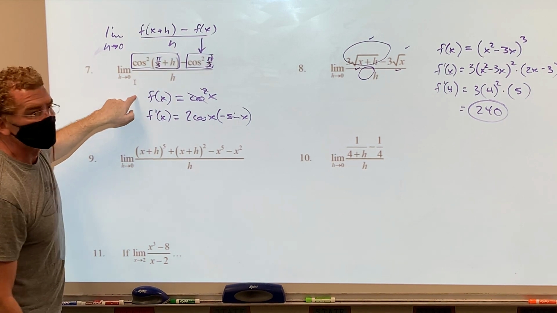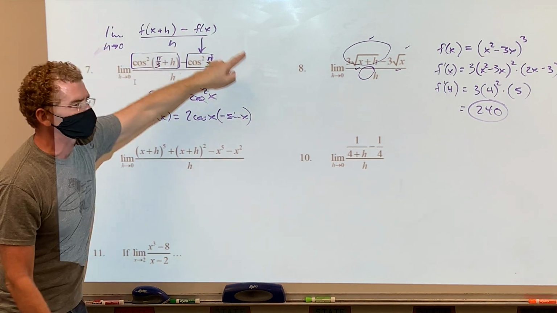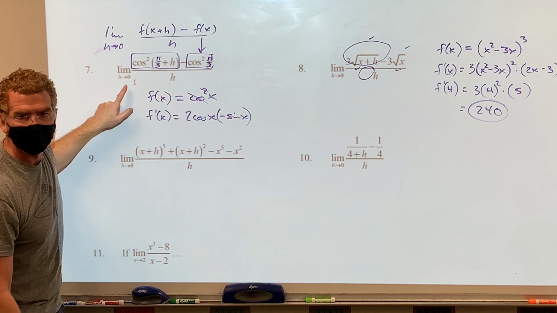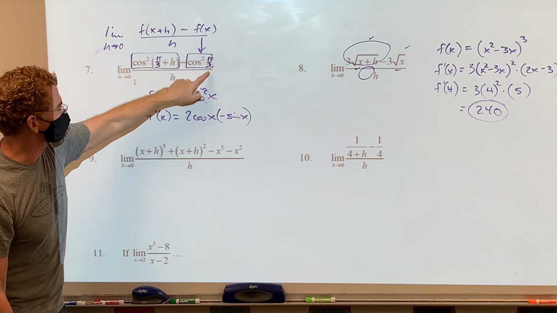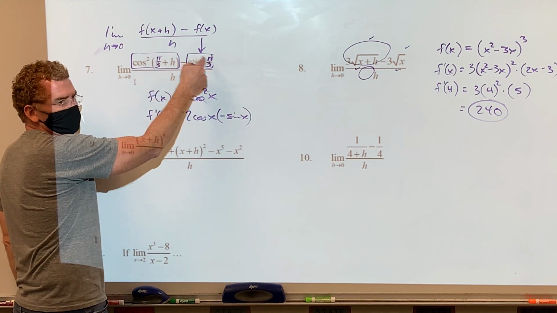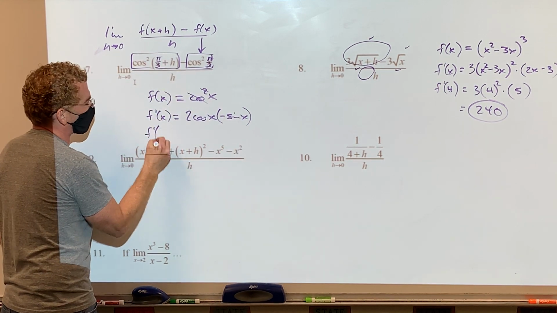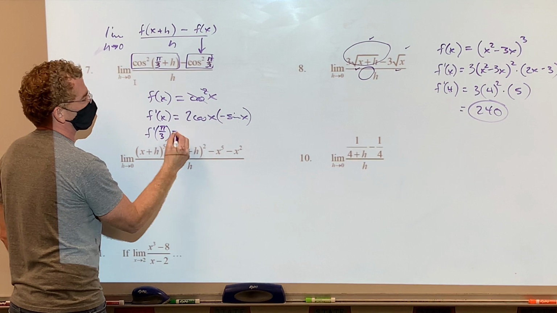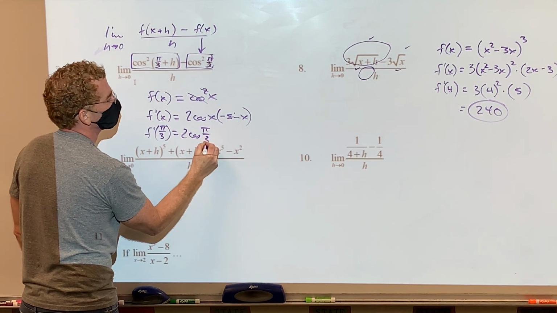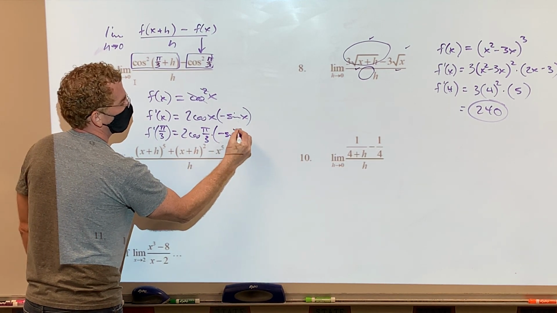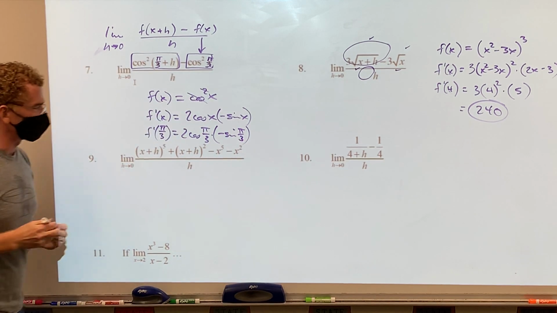That's the function. But what they wanted me to do was take the derivative when the x was what? Pi over 3. So if you had something in there for x, ignore it in this process and then go back and plug the pi over 3 in. Now, of course, you didn't have to do that on this, but you would have had to do that had there been a pi over 3 there.